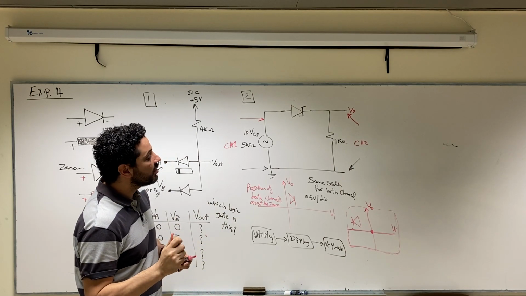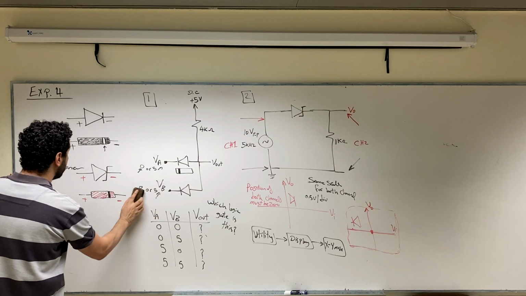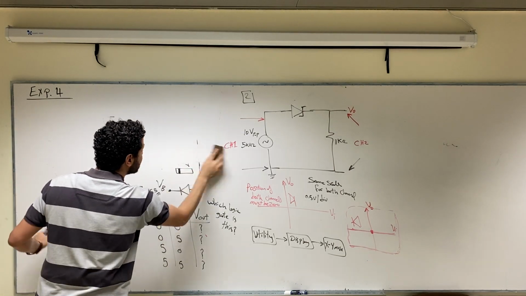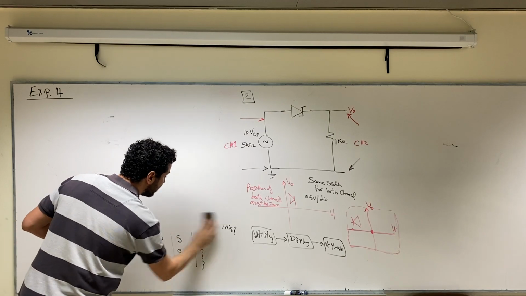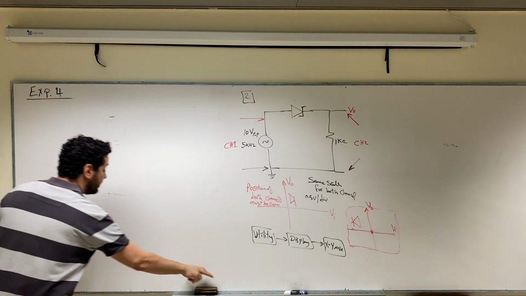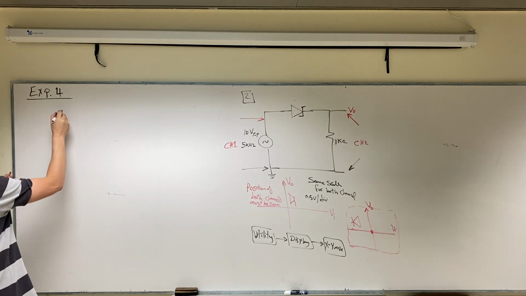And for the Zener diode, we are going to plot two figures. The first figure is we are going to plot V output against time.